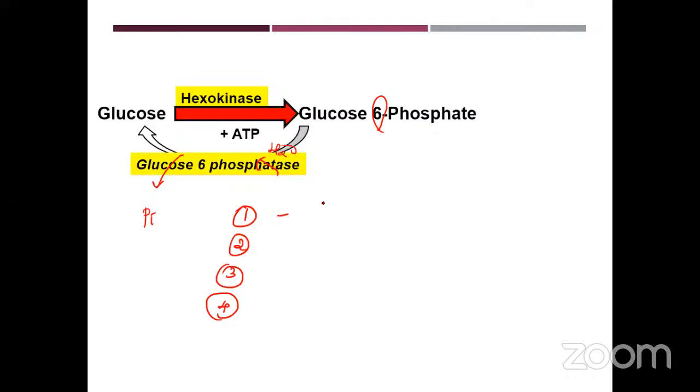Okay. So can you now tell which are the 4 gluconeogenic enzymes? First is pyruvate carboxylase. Second is phosphoenol pyruvate carboxykinase. Third is fructose 1,6-bisphosphatase. Last is glucose 6-phosphatase.